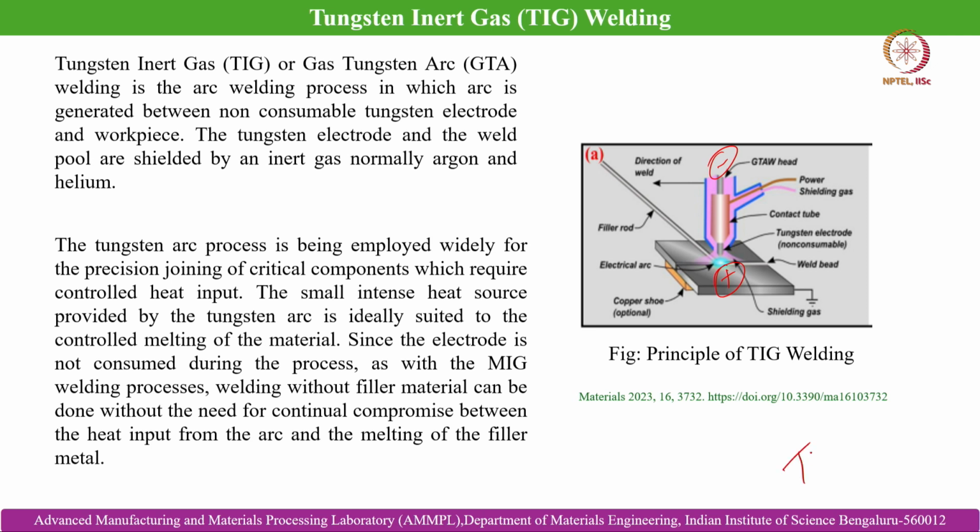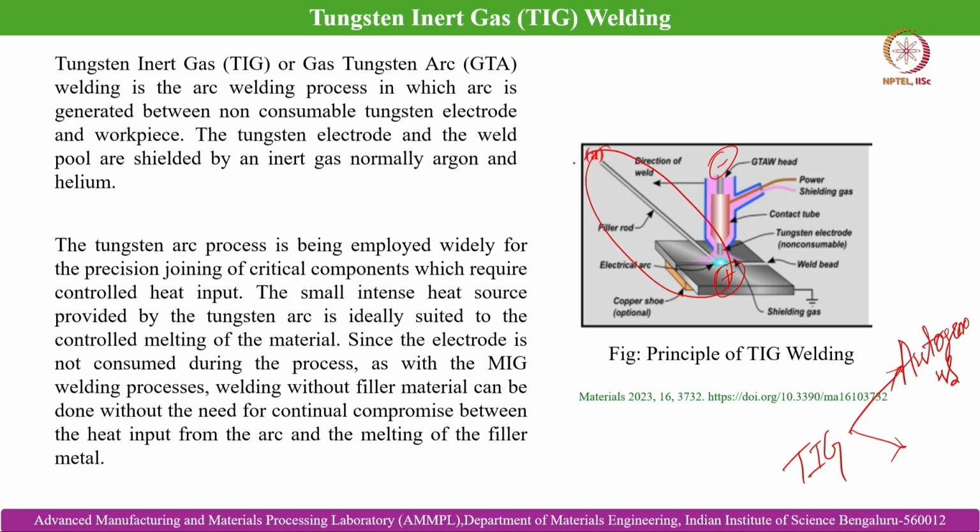TIG can also be autogenous, that means there is no need for filler material. That only works for smaller joint development, whereas whenever the joint thickness is significant, then we need to use externally added filler material. That is what is shown over here, the filler rod.